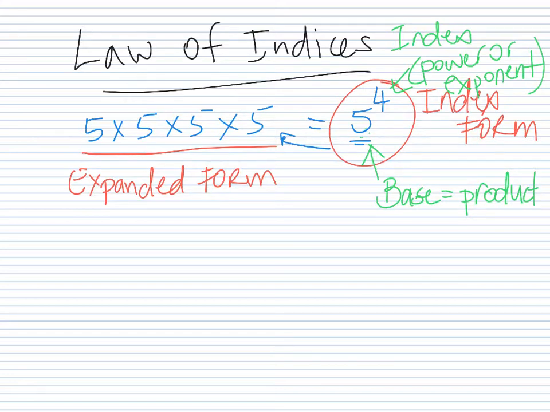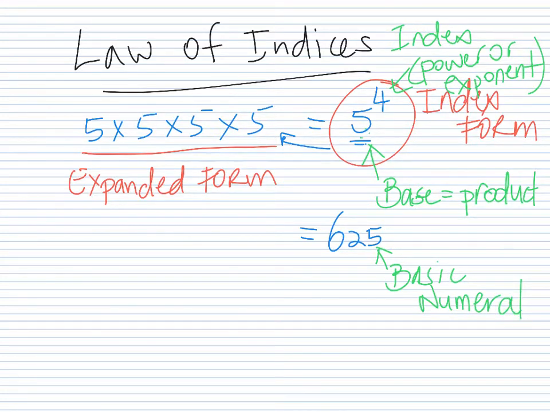If we were to compute this particular equation, so 5 to the power of 4, we would get 625. Now this number is known as the basic numeral. Okay, so it's the answer.